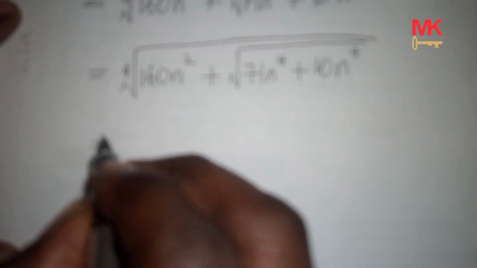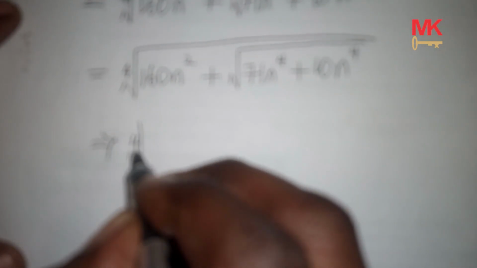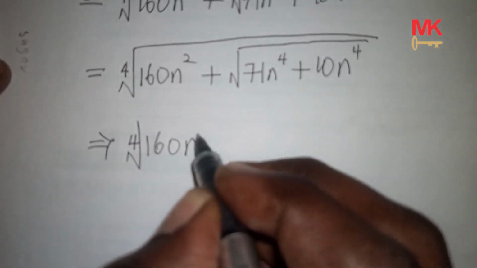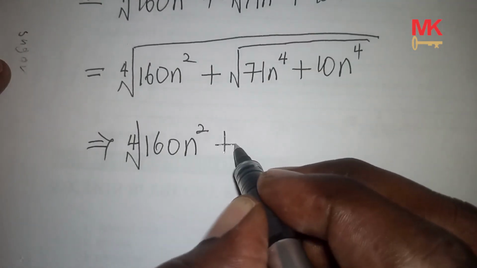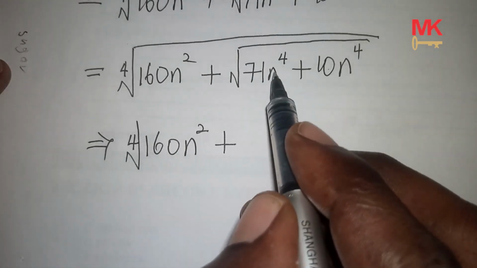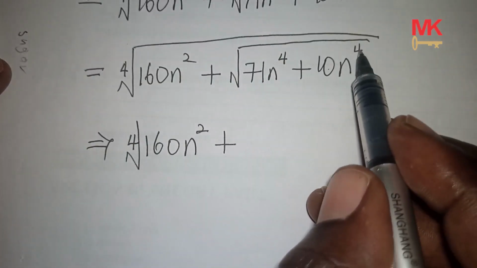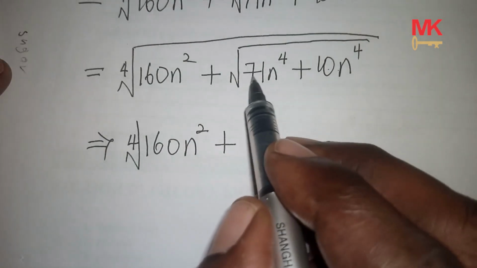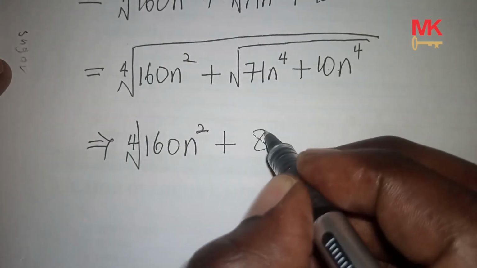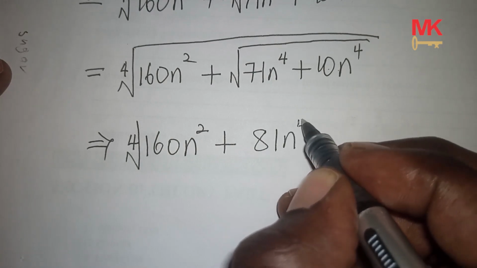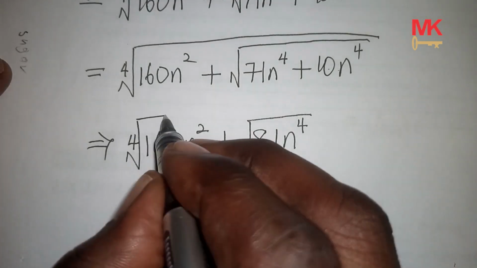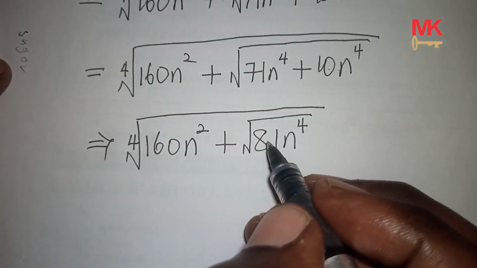So as we add up, we're going to have the fourth root of 160n squared plus 71 plus 10. They are like terms because you see n is carrying power 4, n is carrying power 4. So both terms in this square root are like terms, so they can be added together. So 71 plus 10 gives you 81n raised to power 4 inside the square root symbol, then we cover the main fourth root.